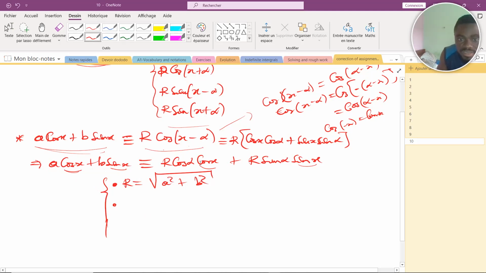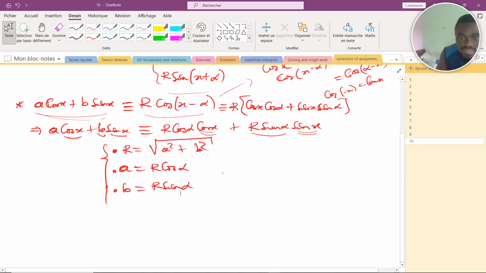Now, what will be the next thing? If there is cos x here and cos x here, and sine x here and sine x here, for this expression to be equal to this, it simply means that a must be equal to r cos alpha, and b must be equal to r sine alpha. Is that okay?